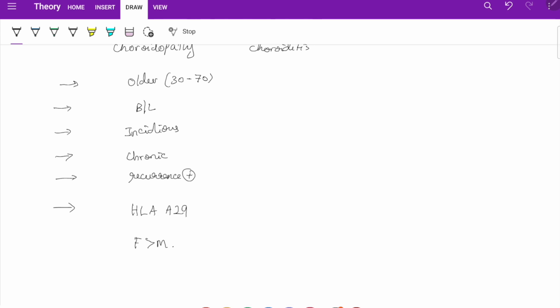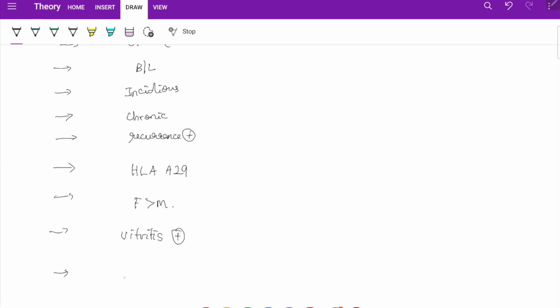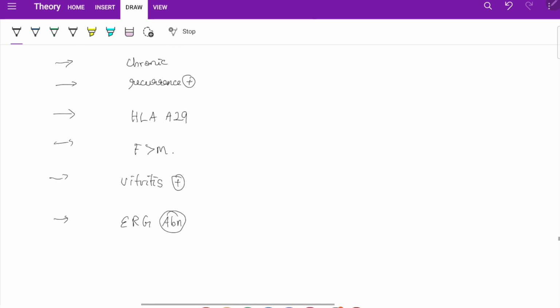In some vitritis is present, in some it is absent, but in this condition vitritis is going to be present, and there is going to be an abnormal ERG, electroretinogram. There is a primary stromal choroiditis. CME occurs commonly, that is cystoid macular edema is going to be most common in this condition.